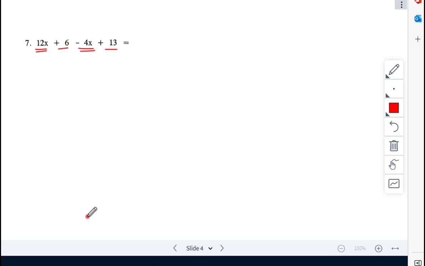So we have 12x minus 4x that we're going to collect together, and then we have the 6 plus the 13. 12x minus 4x gives me 8x, and 6 plus 13 is positive 19. So we have 8x plus 19. Don't forget the signs.